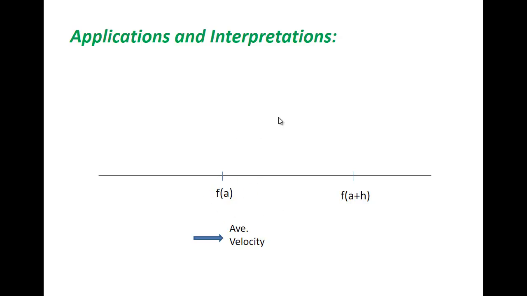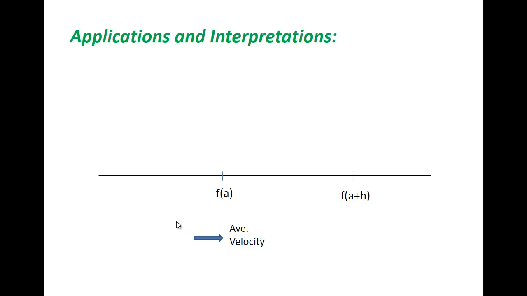So f of x is the position of the bug at time x. Here, let's say f of a is this, and f of a plus h is this. So these are the positions of the bug at time a and at time a plus h.